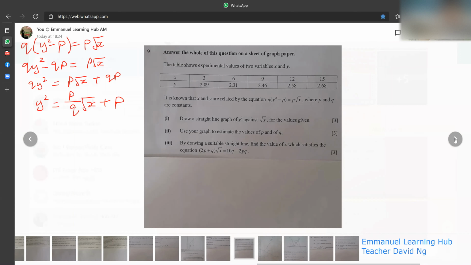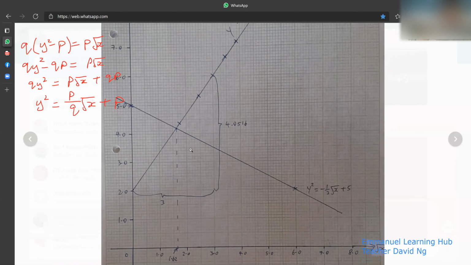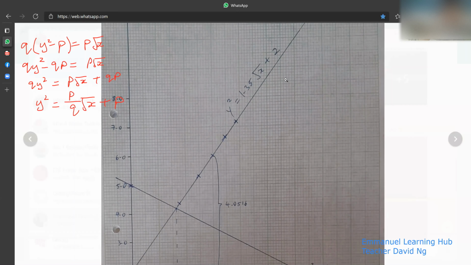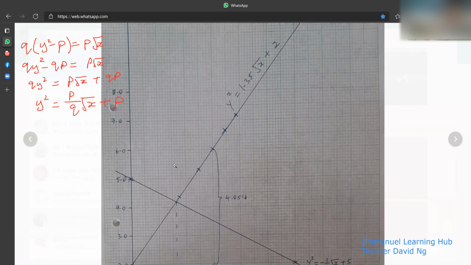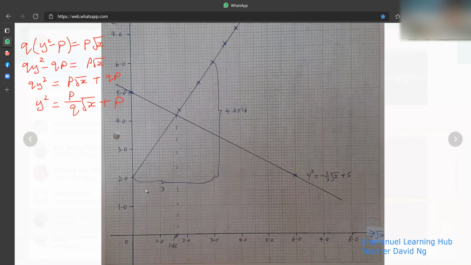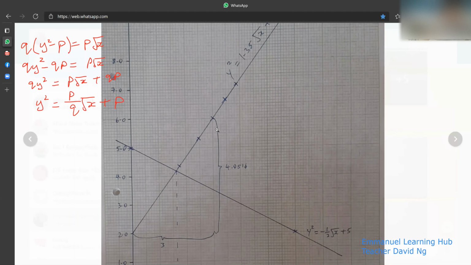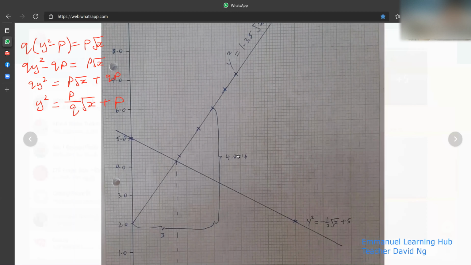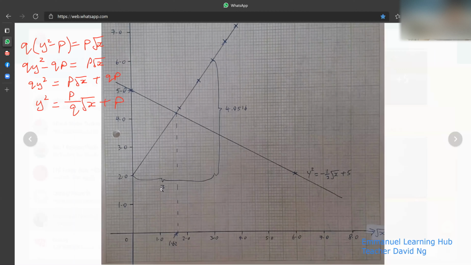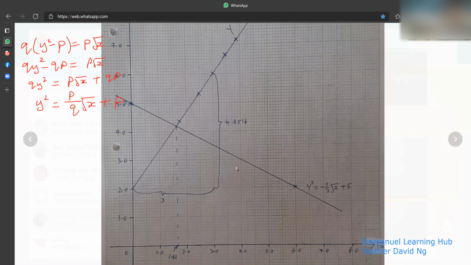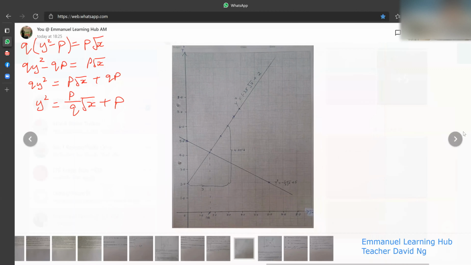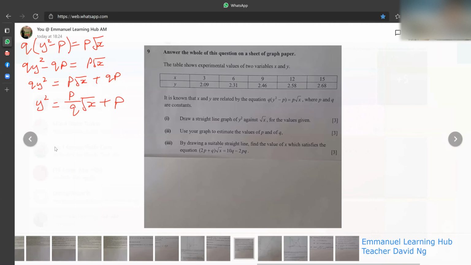So you have to find the gradient of this line that you have just drawn. The y-intercept is 2. The gradient will be the difference in here, 4.0516 divided by 3. That will be the gradient. So the gradient you have drawn is actually p over q.